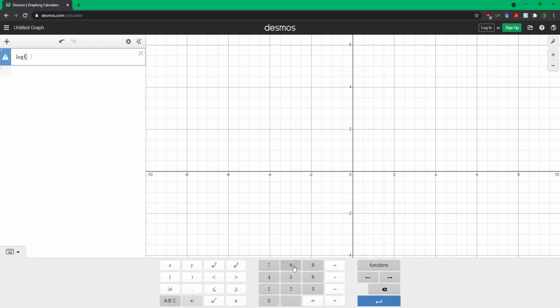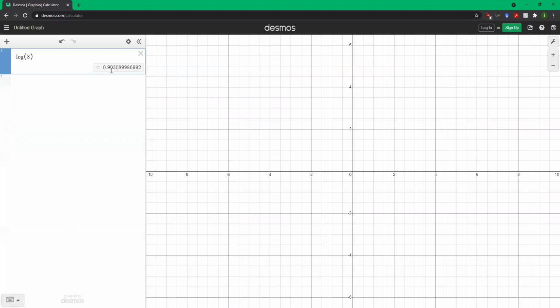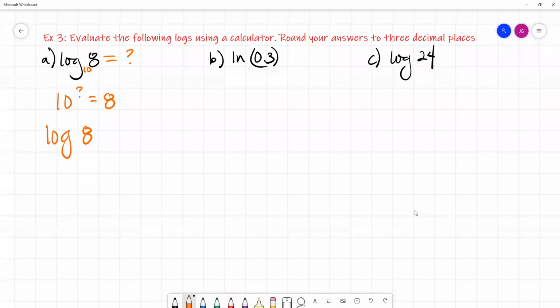And then you're just gonna put 8 inside of there. And there's our answer, 0.903. So the answer to this logarithm is 0.903.